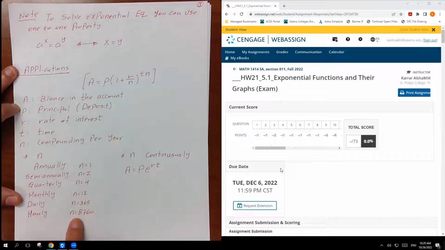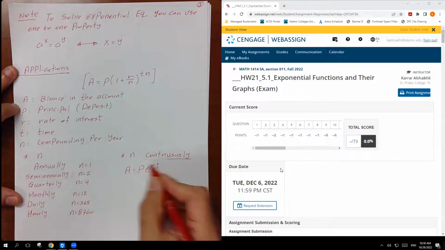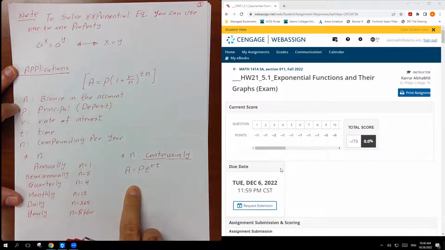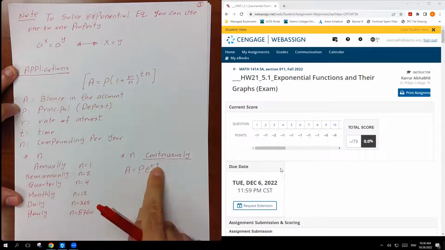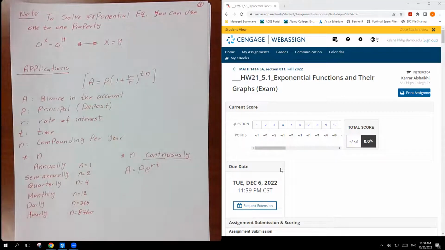Hourly is going to be 8,760. So when you hear one of these words, this is the value of n. If they're telling you continuously, that means you're not going to use this formula, you're going to use this formula: A equals P e to the rt. We're going to do some examples about this one when we start working on the assignments.